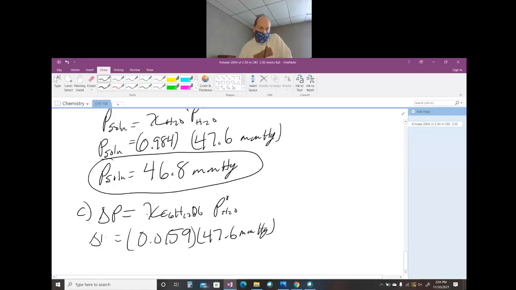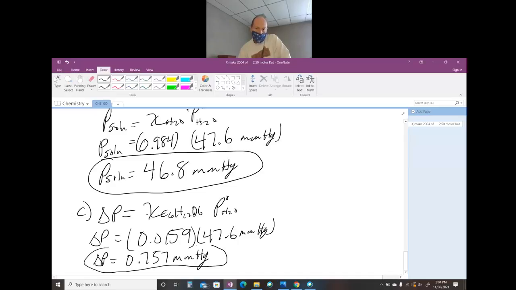And that will give us our vapor pressure lowering, which is 0.757. So you have your pressure of your solution, and it lowered it by 0.757.